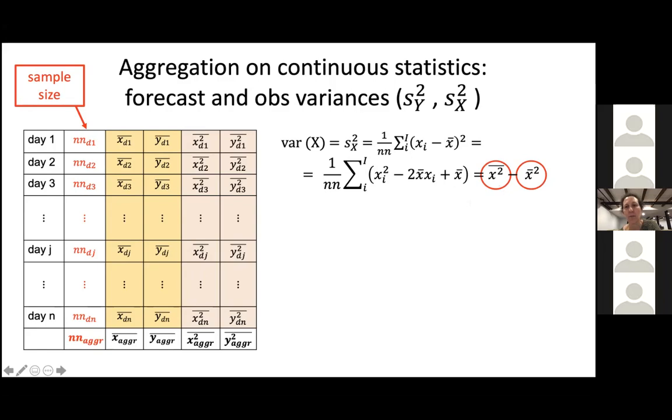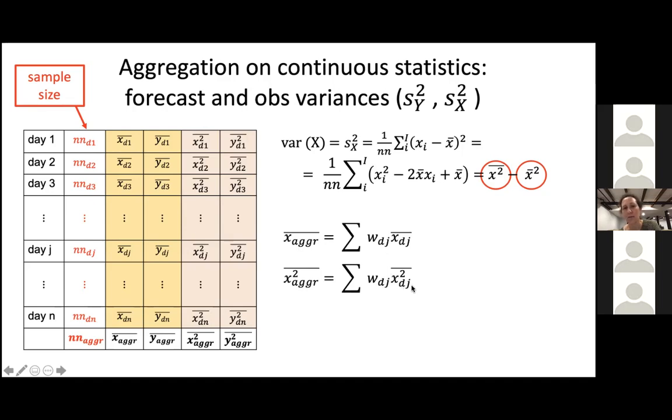And it's from these 2 components that I calculate the aggregated variance, okay? The aggregated mean, we have already evaluated it in the slides before, is the weighted sum of all the daily means. The aggregated mean of the squares is identical.